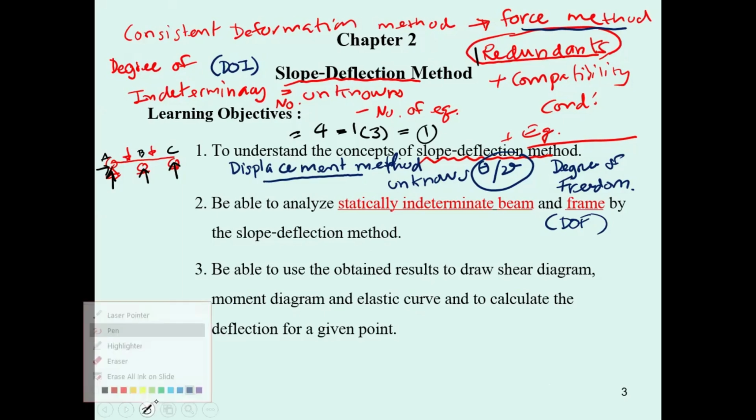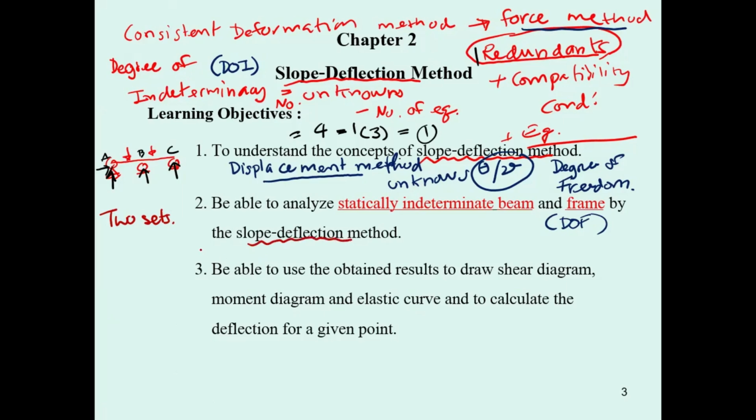And then you will get 2 sets of slope deflection equations. I should mention first, one is going to start with 2EI over L and something else. This is the general equation, which can be used to solve any kind of structure. And then you have the second type of equation, starting with 3EI over L and then something else.